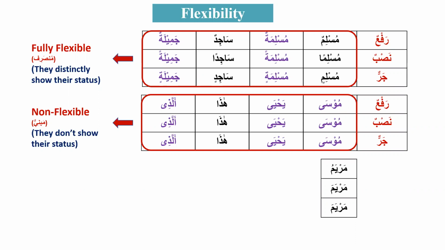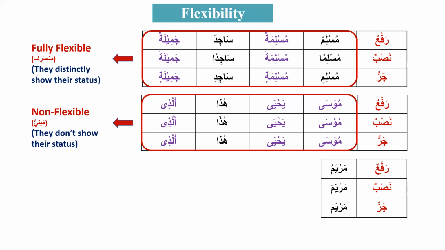So Maryamu, if somebody asks you what's its status, it's easy to tell. It's Rafa. But when you look at the last 2, they are the same. Nasab and Jar. So Maryamu, when it is in Rafa status, it has Dhamma. But when it is in Nasab or Jar status, it is always Fatha.